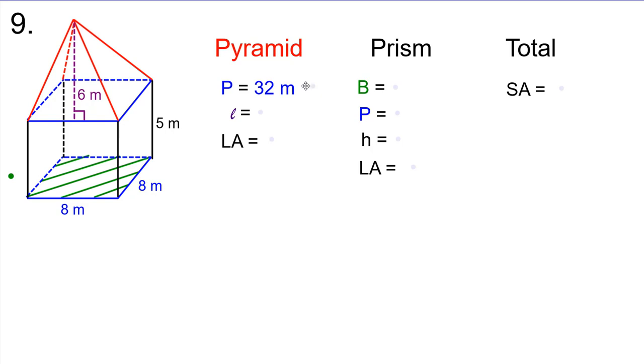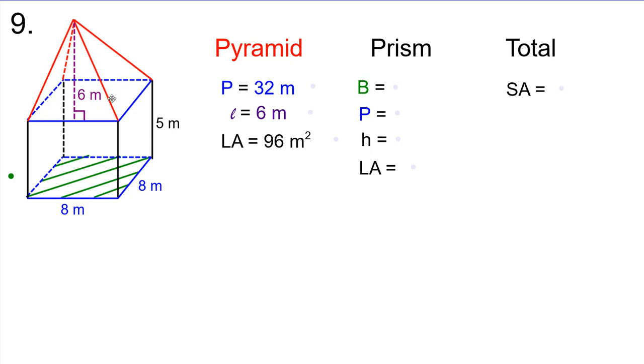So next thing is slant height for the pyramid. It looks like that's going to be 6 meters. The lateral area we multiply, so 32 times 6 divided by 2. So 32 times 3 would be 64, and then 96. So yeah, 96 square meters. And that's going to be the lateral area for the pyramid. So that's like the roof on top if this was a building.